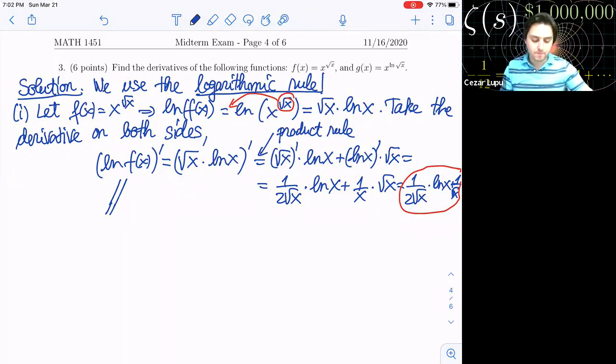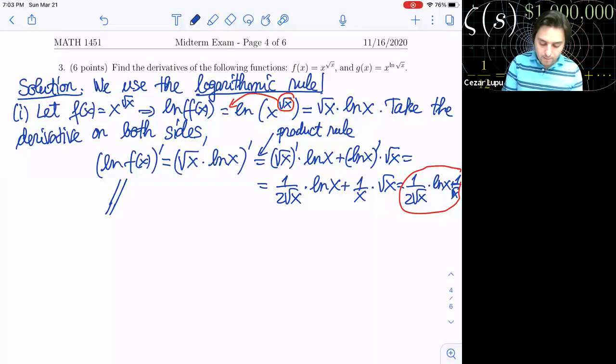Indeed, the derivative will be 1 over f of x times f prime of x. We said this, the chain rule. Remember, we said that ln of u, prime, is u prime over u, or 1 over u times u prime. So in our case, u is f of x, right? Remember we said this?